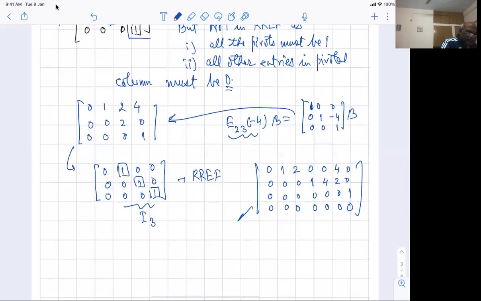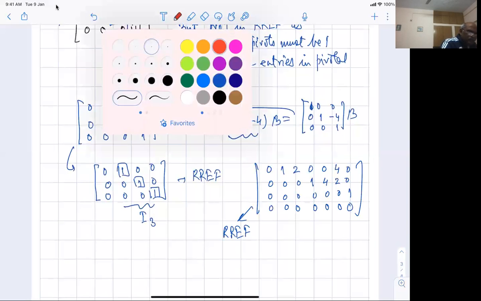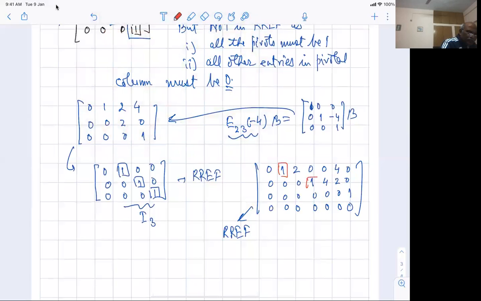This is again in RREF, because all the pivots are 1, the zero row is at the bottom, and the pivots are moving to the right. Every other entry in these three pivotal columns is 0.